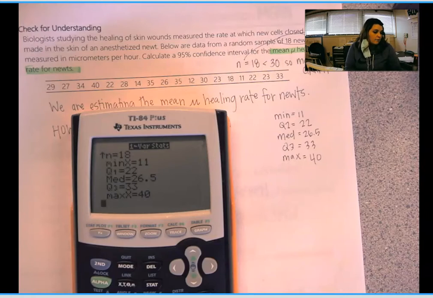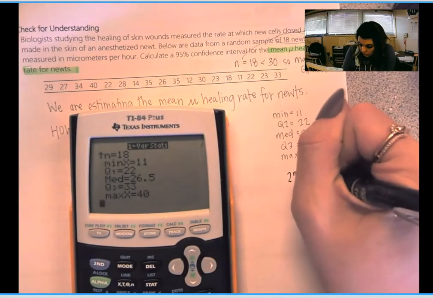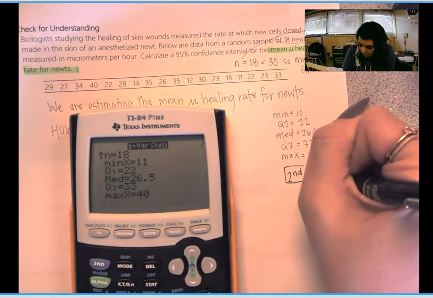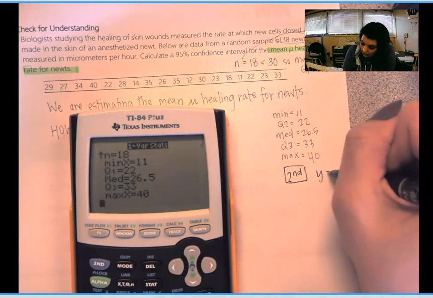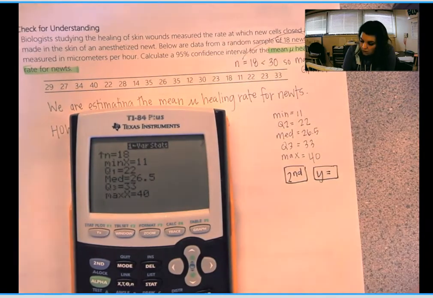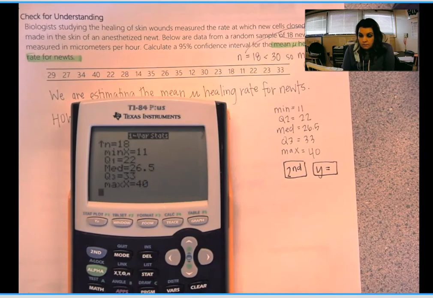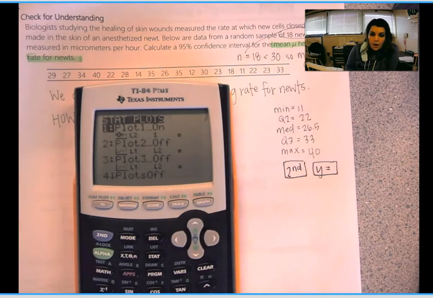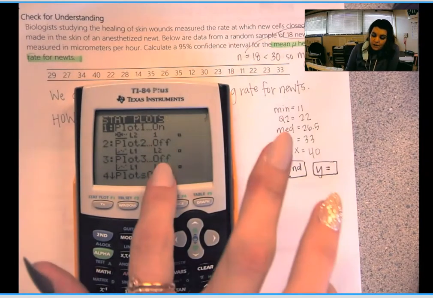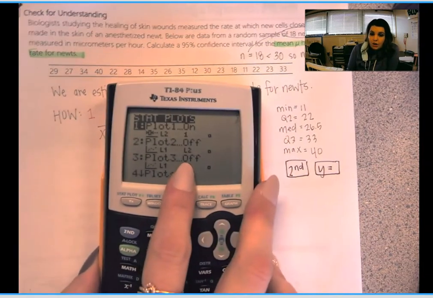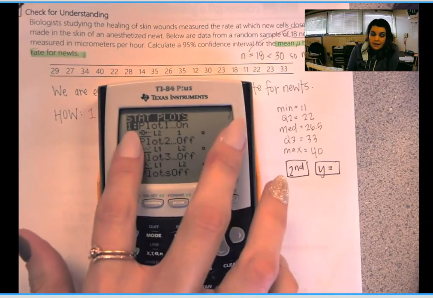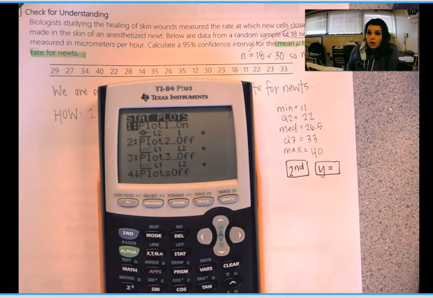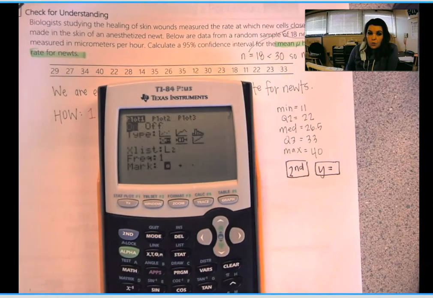To graph, you hit your blue button, which is your second button, and your Y equals button. So, blue button, Y equals. I'm going to verify that I have only one plot on, and then I'm going to select the number of the plot that is on. So I'm just going to select number 1.